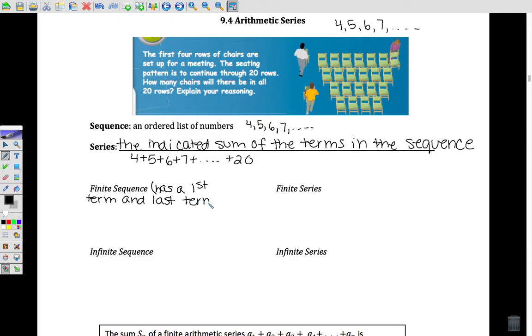So there's only a limited number of terms. So for example, the sequence 6, 9, 12, 15, 18, there's no comma dot dot dot after it, so that means this sequence only has these 5 terms. An infinite sequence, on the other hand, has no end.